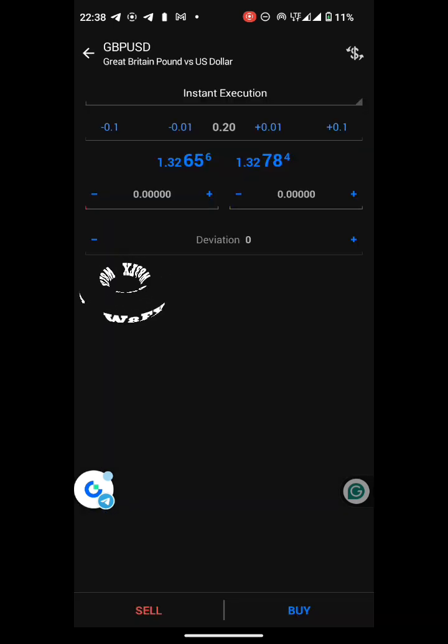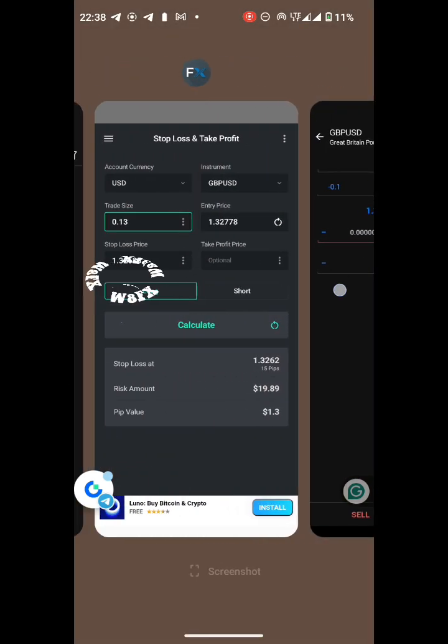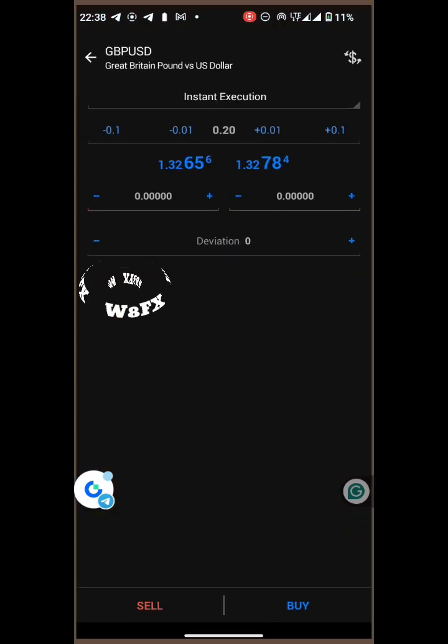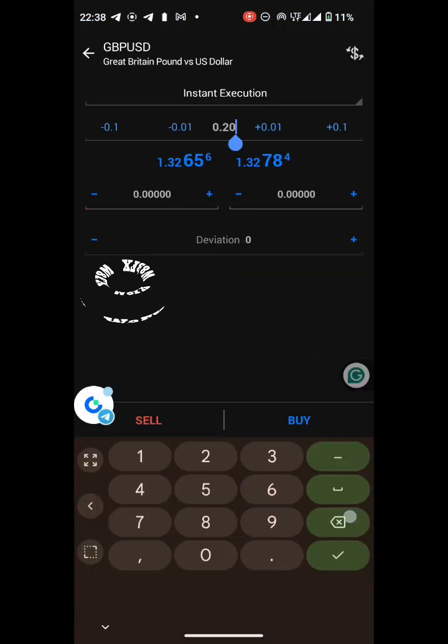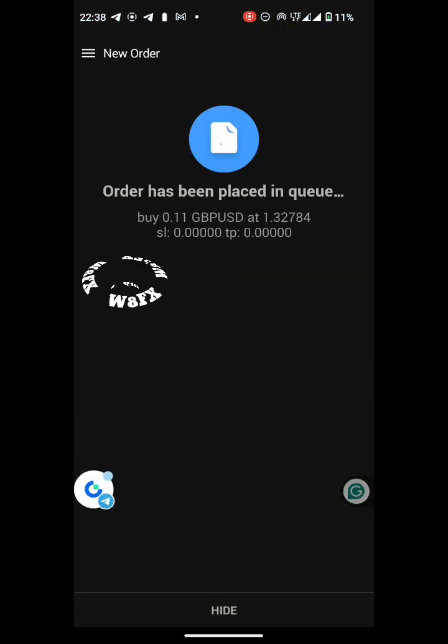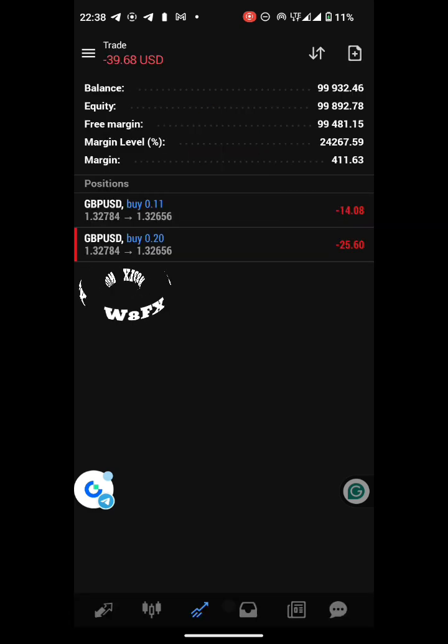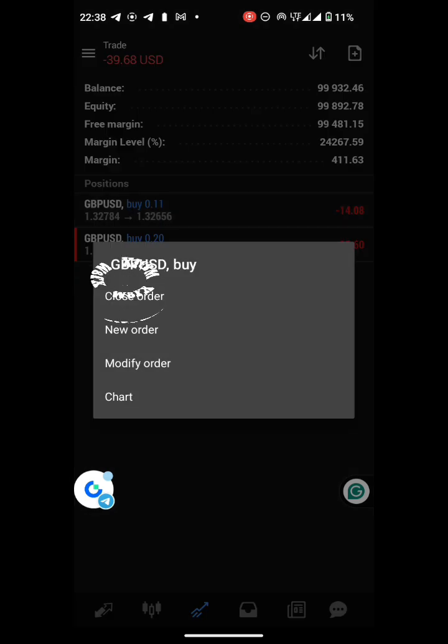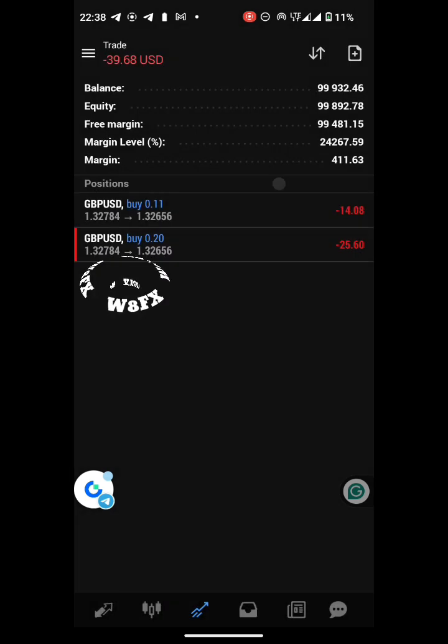So 0.13, GBPUSD, 0.13. If you make a mistake, just delete. Okay, there's no need to delete. I already entered 0.11 instead of 0.13.